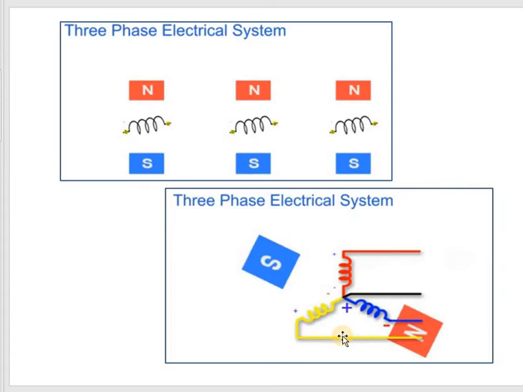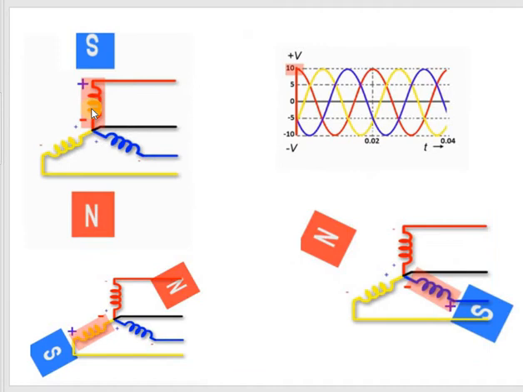That's how you create a three-phase electrical system with alternating current. So in a short summary, how does the three-phase work? Now you have a magnetic field moving from this direction, and the coil cuts the magnetic field at the greatest rate, maximum perpendicular at 90 degrees.